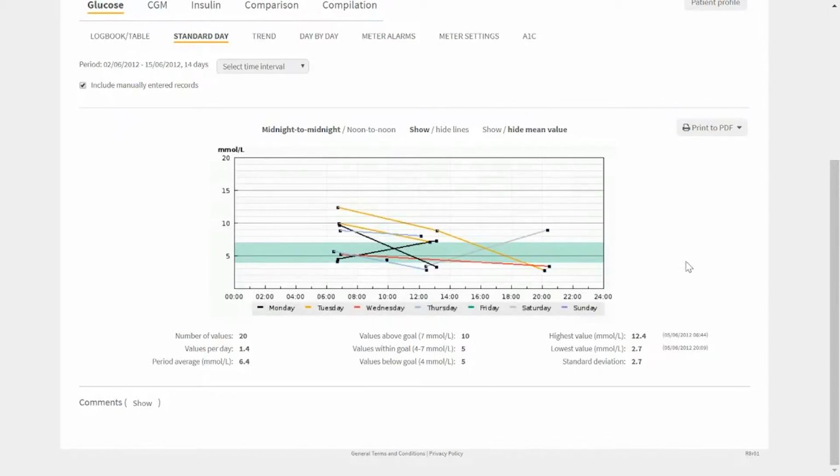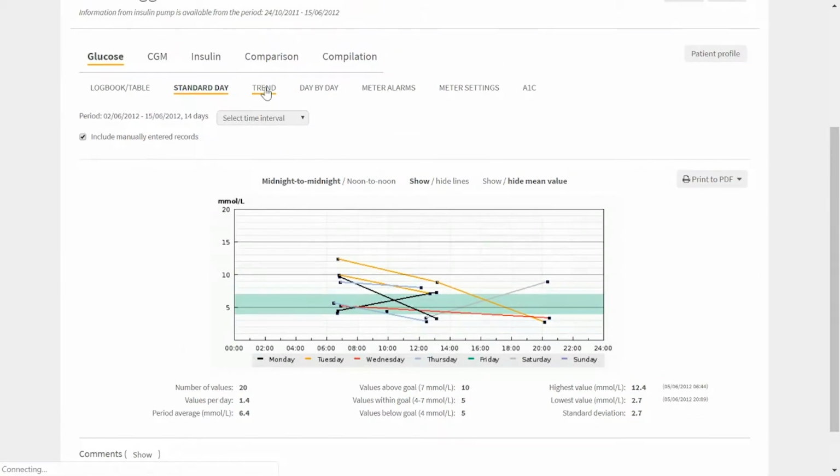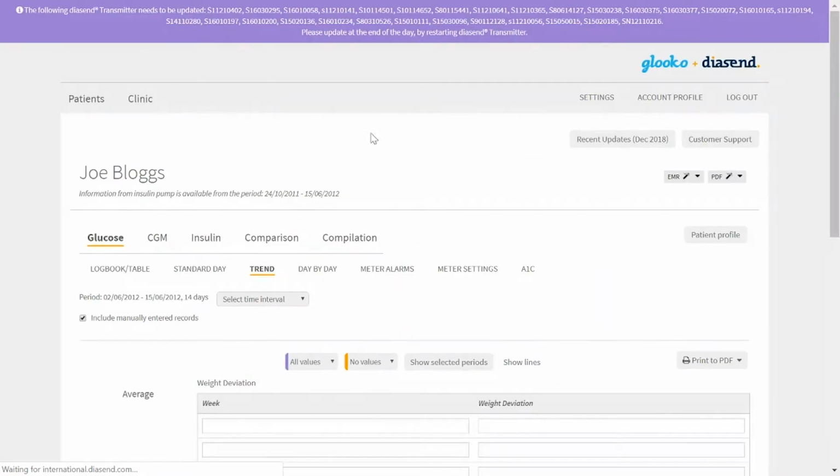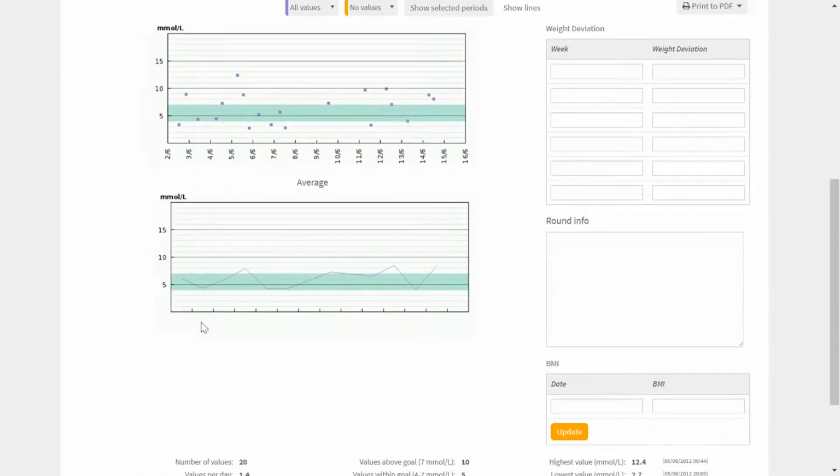You can see each day of the week is represented here, so you can compare one day with another or single out the weekends. As we progress along the tabs, we move on to trend. As I mentioned before, trend is a very useful tab as it allows the clinician to get a good understanding of what is happening with the blood glucose over a period of time.